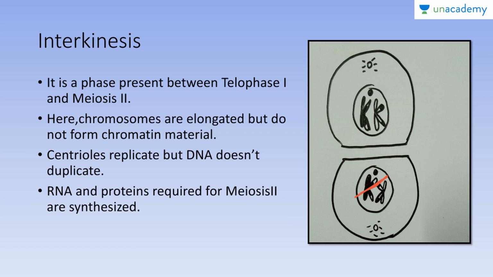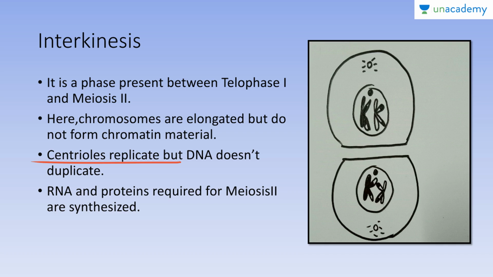Now what is interkinesis phase? Interkinesis is a phase between Telophase I and Meiosis II. Before the starting of Meiosis II, there is a phase that occurs, but it is not completely similar to the interphase. Why? Because in this phase, the DNA replication would not occur as in case of interphase, but centrioles replicate. Centrioles will replicate to form 2.